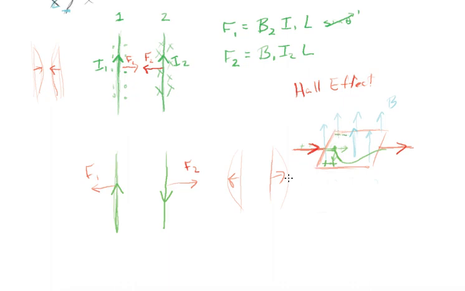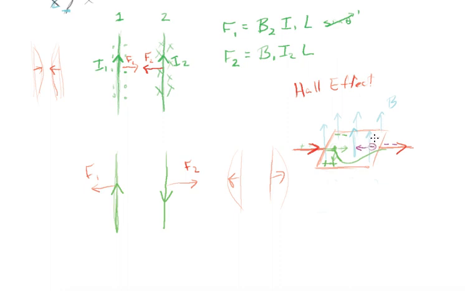Now let's look at the alternate situation. If it's not the positive charges moving, if it's in fact the negative charges that are moving, then we'll have a little negative charge here going in that direction. Point your fingers in that direction, point your palm up, and your thumb will be pointed upward.